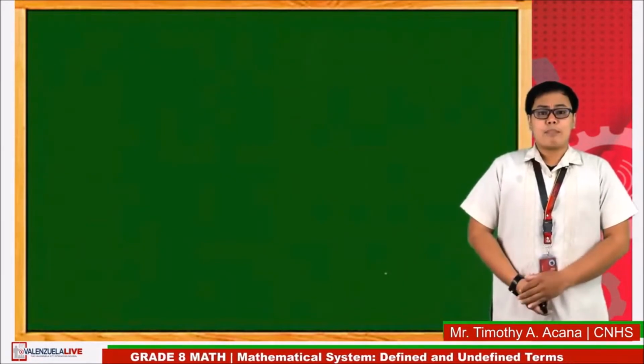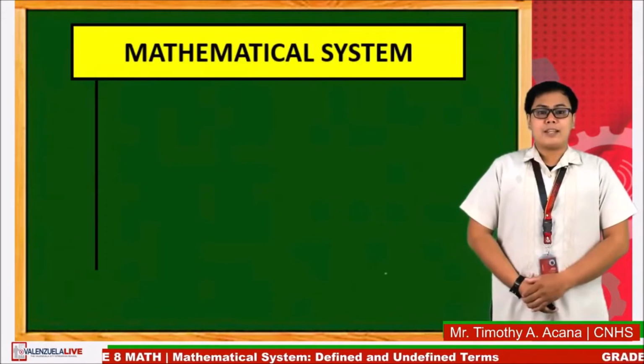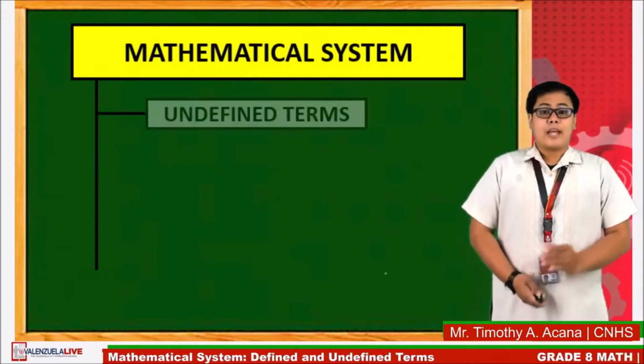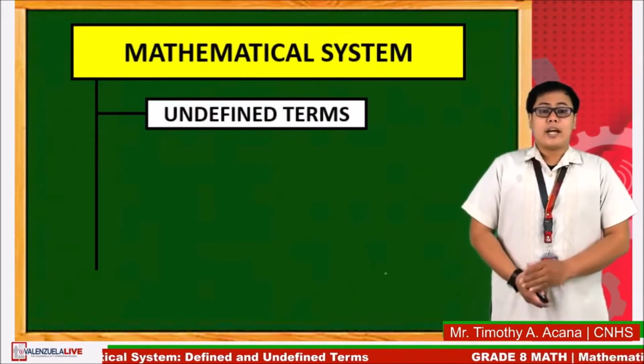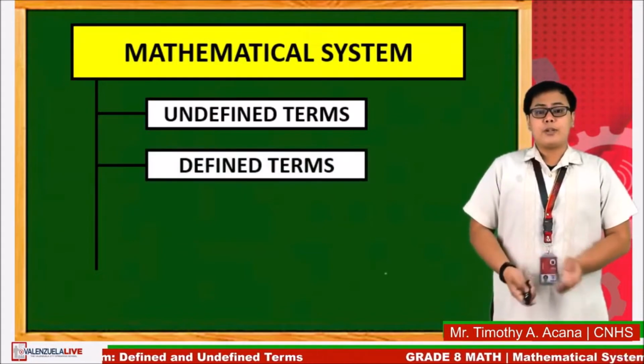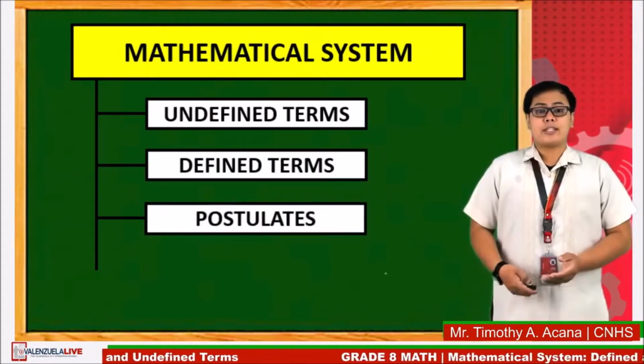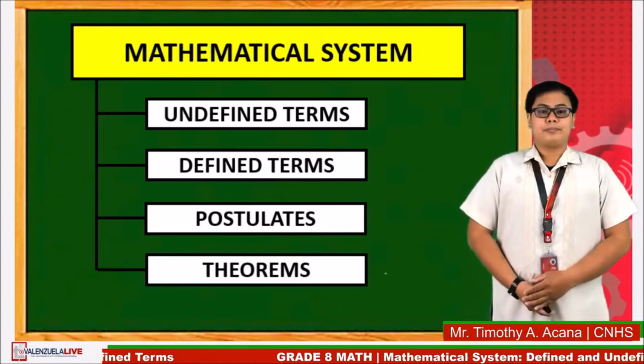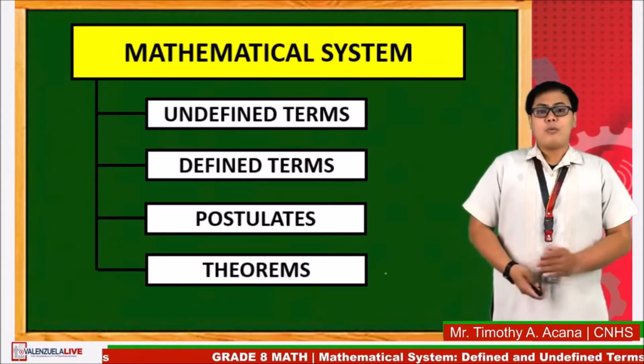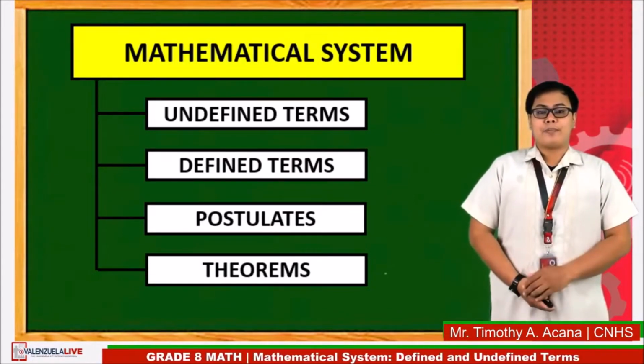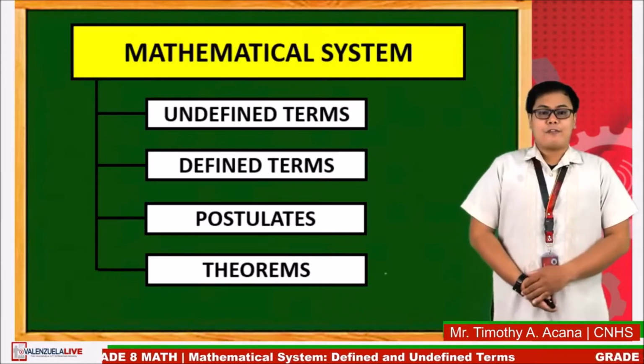Here is a concept map of a mathematical system and its parts, namely the undefined terms, defined terms, postulates, and theorems. Today we will be discussing two of them, the undefined and the defined terms.